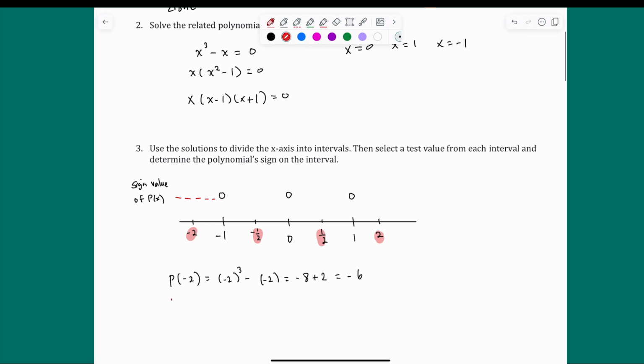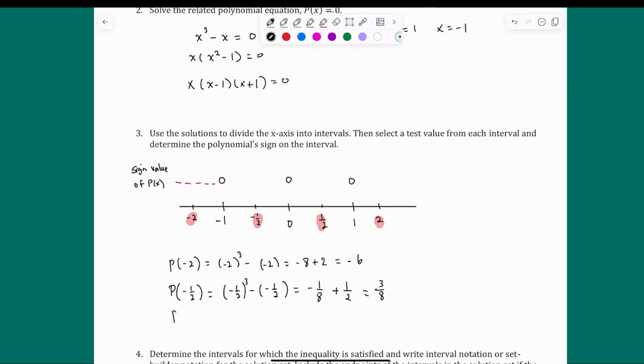However, just to be sure, we can plug our test value in of negative 1/2, so we get negative 1/2 cubed minus negative 1/2, so we get negative 1/8 plus 1/2, adding negative 1/2 to negative 1/8, we get 3/8.